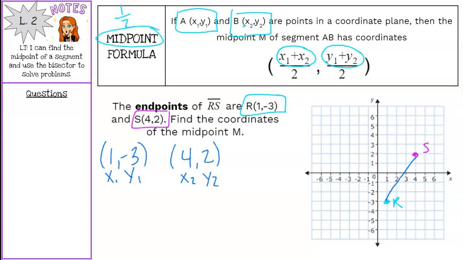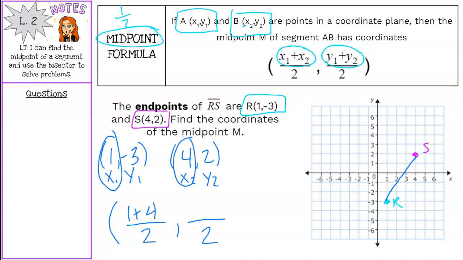Then we just have to plug them into our formula. So the midpoint formula says we're going to take the x coordinates, add them together. So we got 1 and 4. Divide those by 2. And then we're going to take the y coordinates, add those together and divide them by 2. So we have -3 plus 2.